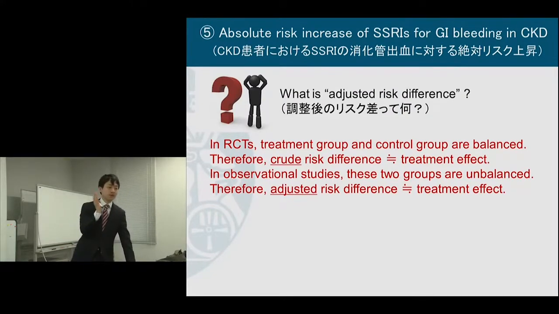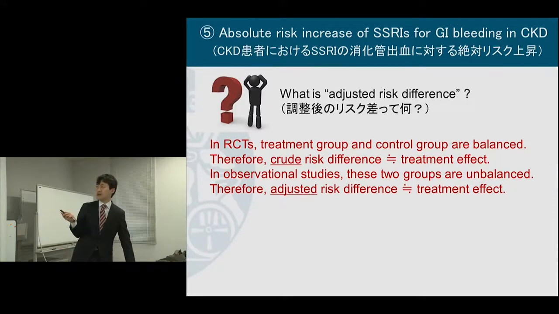because when we usually do statistical analysis or adjusted analysis, it's logistic regression, Poisson or Cox regression analysis to estimate relative risk. But what is risk difference adjusted for confounding factors?